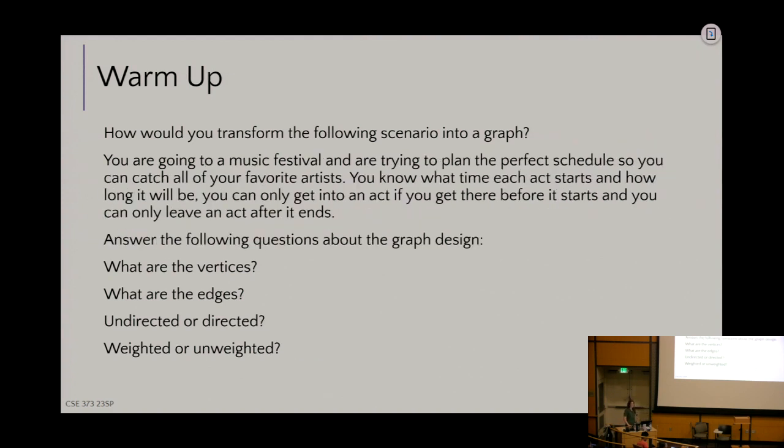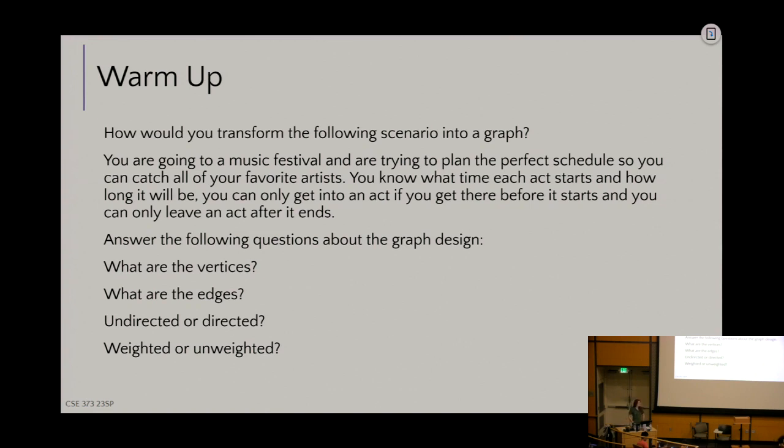In the interest of time, I don't have a ton of time to go over it, but I thought this one was cute. You're at a music festival, and you're trying to map that as a graph. You've got artists and their singular performances, and you're trying to figure out what sequence of artists you will see in what order. The previous one was about profiles and relationships. This is almost about states.